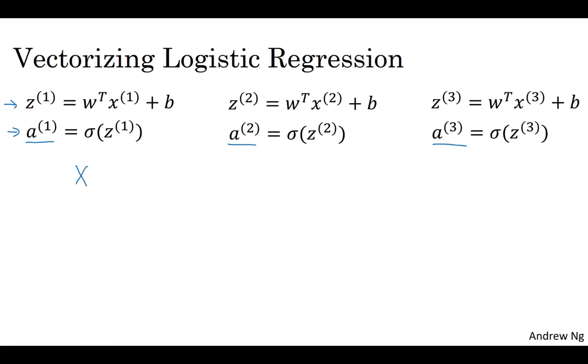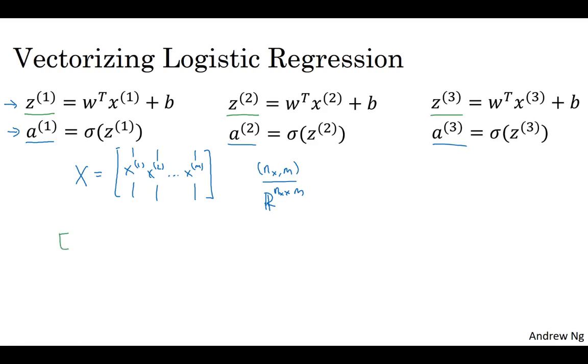First, remember that we defined the matrix capital X to be your training inputs, stacked together in different columns like this, right? So this is a matrix that is an nx by m matrix. I'm writing this as a Python NumPy shape, but this just means that X is an nx by m dimensional matrix. Now, the first thing I want to do is show how you can compute z1, z2, z3, and so on, all in one step. In fact, with one line of code.